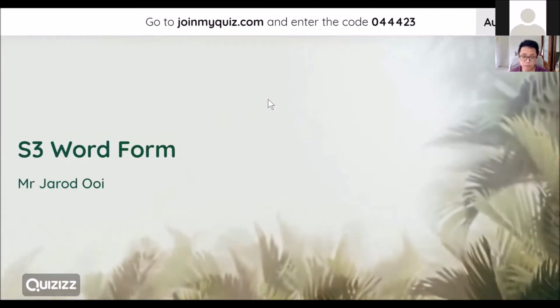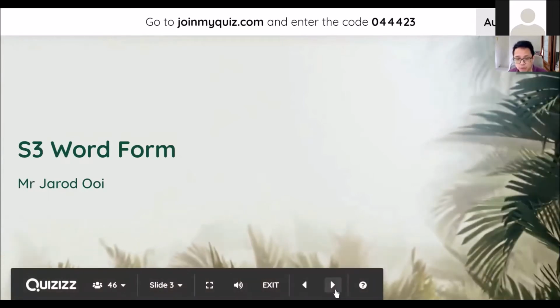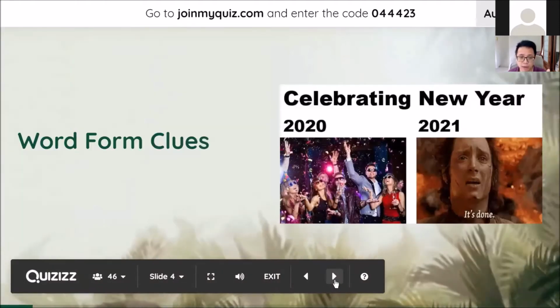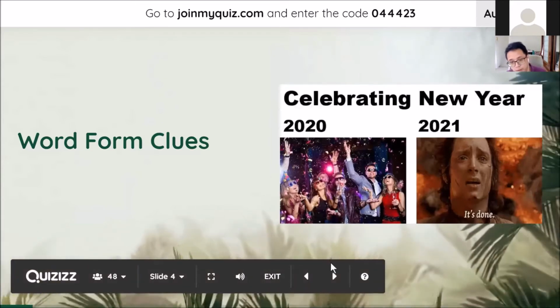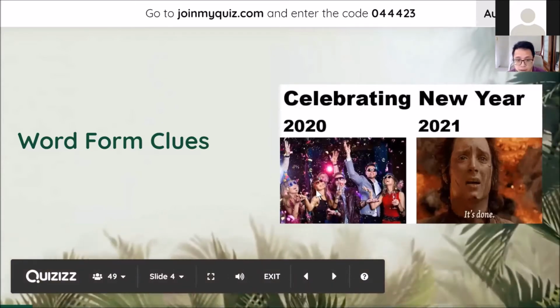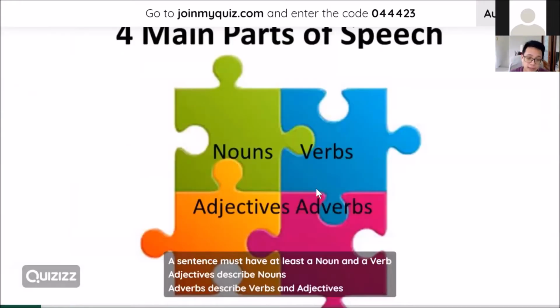Okay, so word form. Every time you ask me about clues, the first thing you need to know about word form is there are only 4 types of answers. Not 4 answers, but only 4 types of words, called parts of speech.